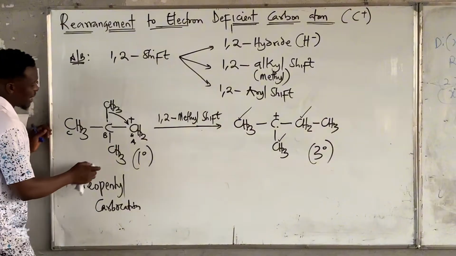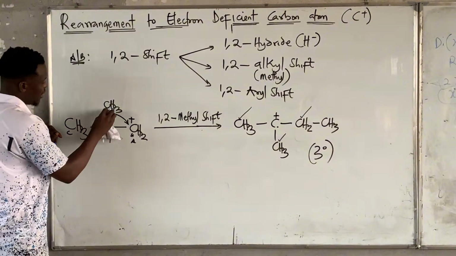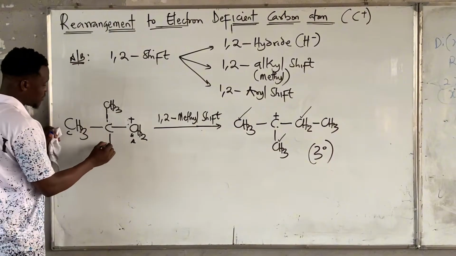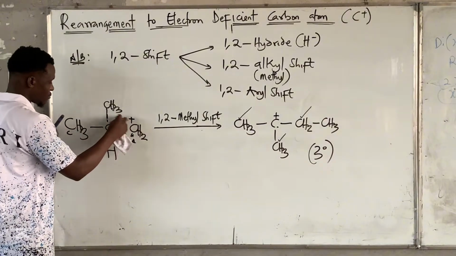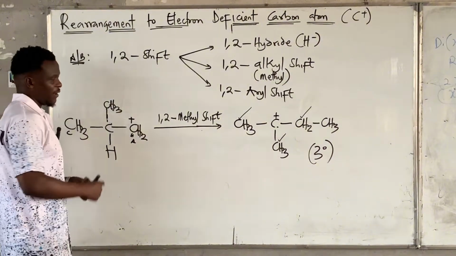Now, what if I now come here? Let's say this is the first example. What if I come here and remove this and I put hydrogen? Class, hook up. What if I come here and I have this?